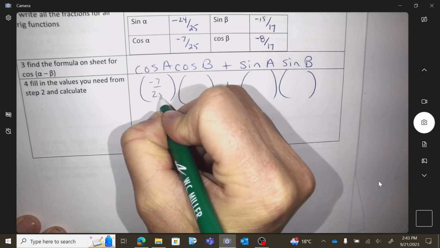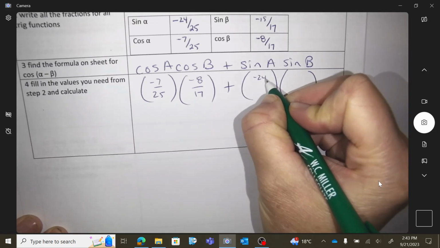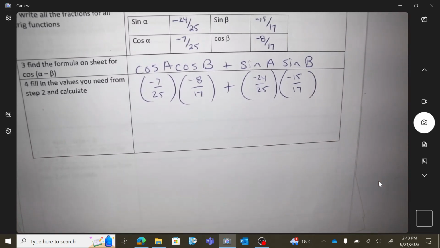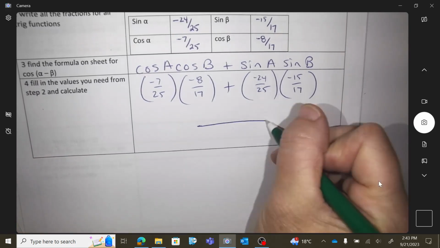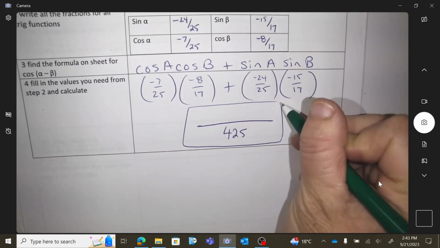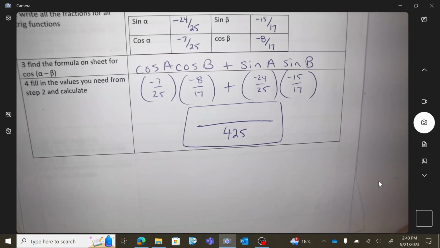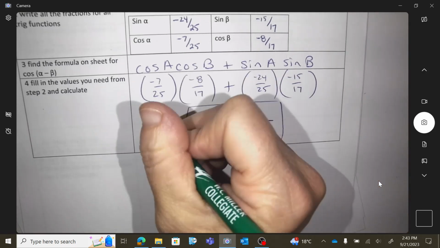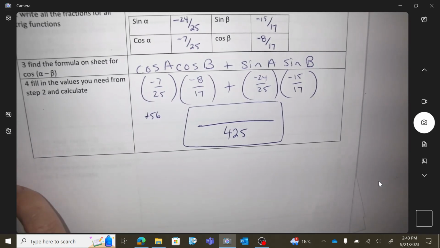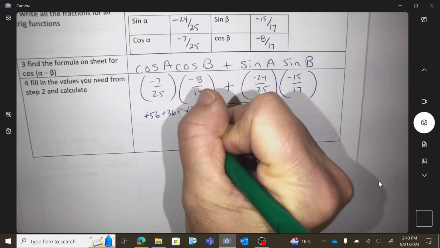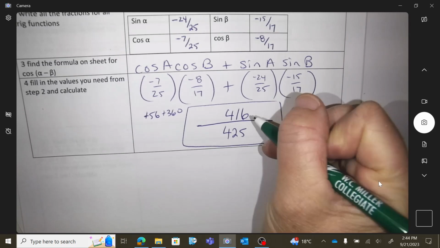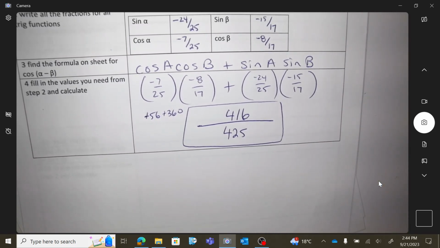So can you put everything in its place? Do we get the same number?